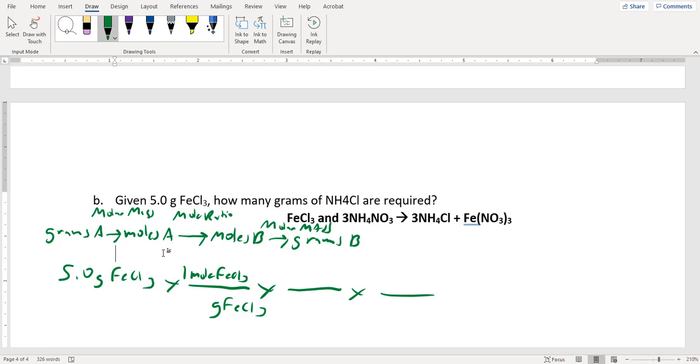So in a separate process, you have to figure out the molar mass of iron chloride. Using my really cheap periodic table, it's going to be 162.2 grams of iron chloride. That value may differ depending on what periodic table you use, because different molar masses use different instruments, so they'll be slightly off.